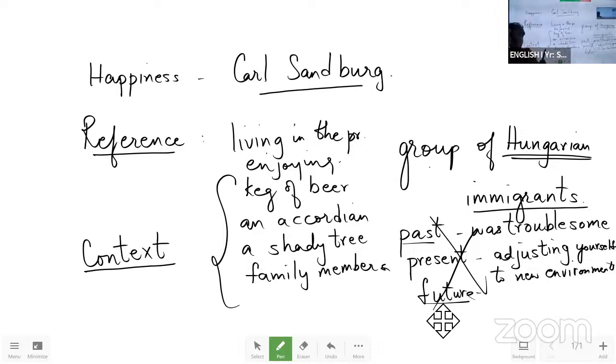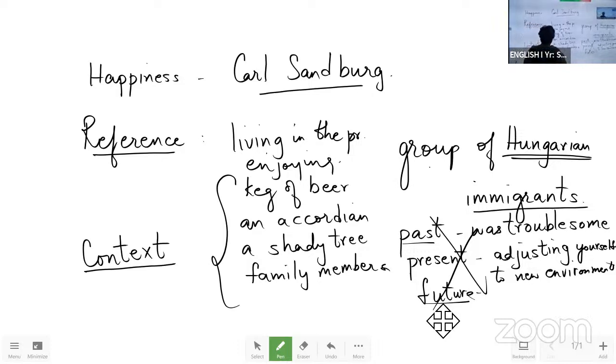That's when the poet understood that happiness is not fame or success. It is living in the present with your family members or friends, enjoying yourself.